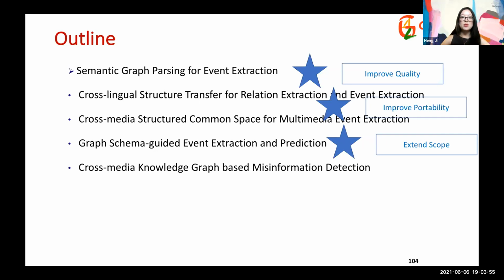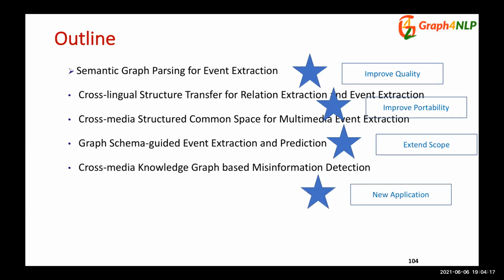Instead of just doing sequence to sequence on the sentence level, we should be able to gather together the prior knowledge from a corpus level, a large collection, and then do extraction also on a large collection rather than on the sentence level. And then finally, it can help us promote some really nice new applications using IE results.